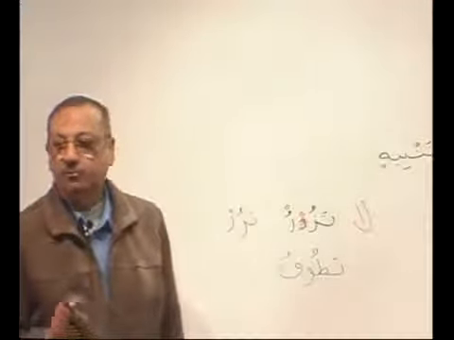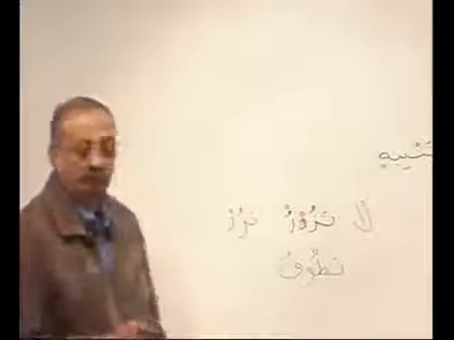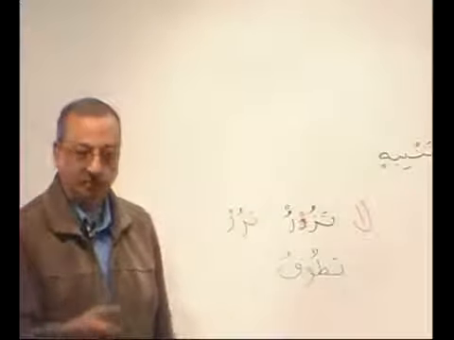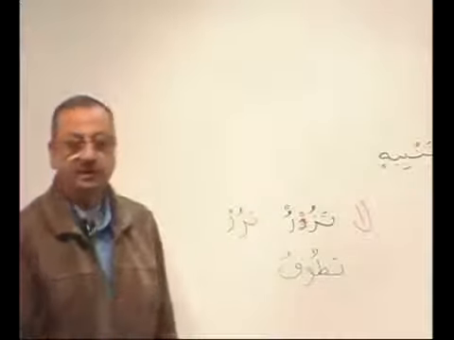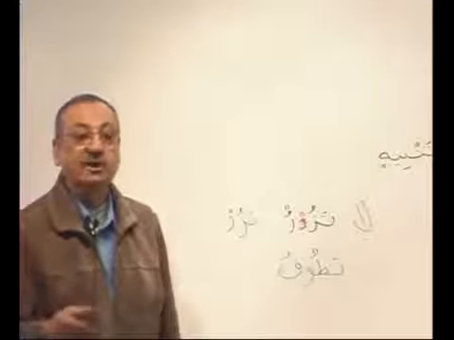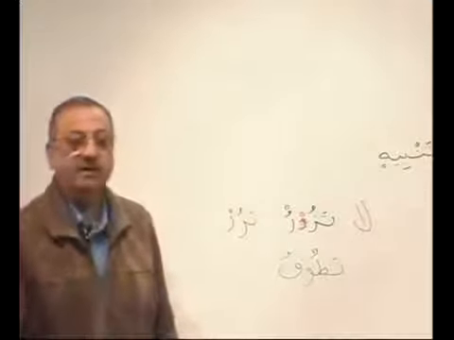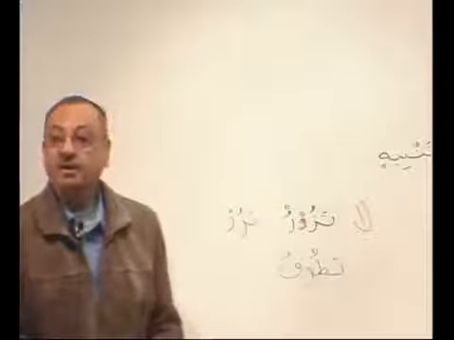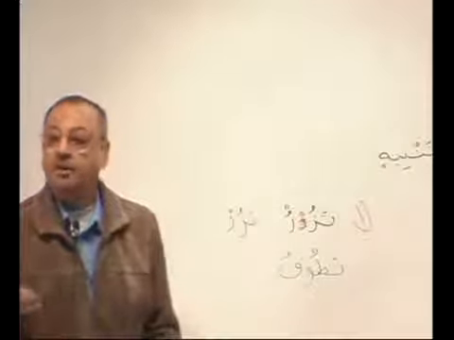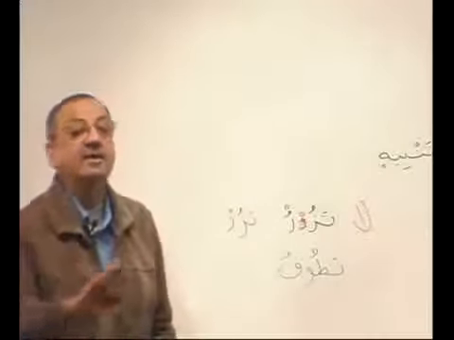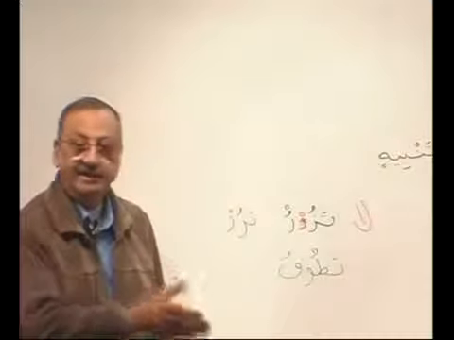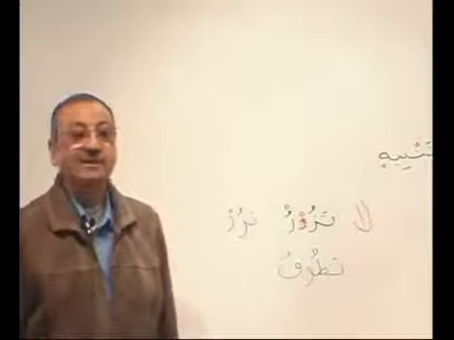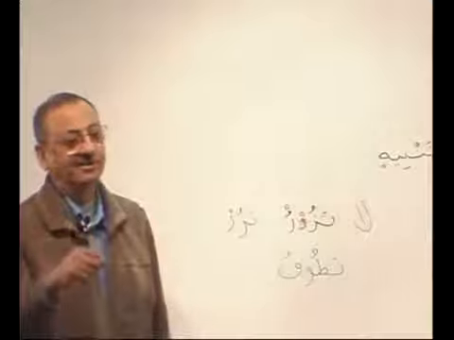Tatufu, atufu, natuf. So tatufu. Amar is you tell somebody to do something. La nahiya, you tell somebody not to do something. So la nahiya also tufidu amar. It indicates amar, but in negation. Ijlis, la tajlis.